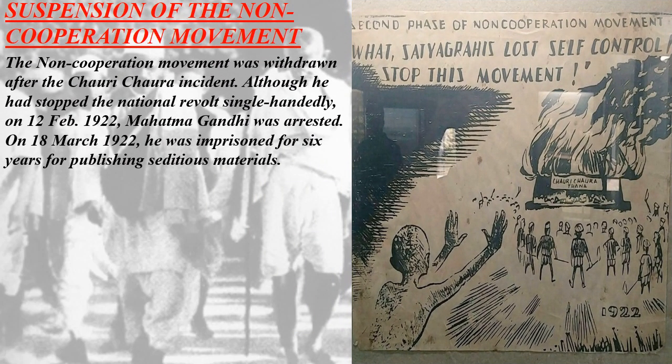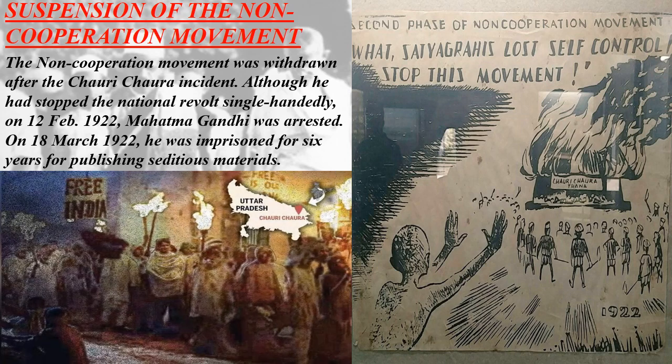A procession of about 3,000 people marched to the Chauri Chaura police station after being fired upon. The mob turned violent and set the police station on fire, killing 22 policemen. This incident shocked Gandhiji as he wanted to gain freedom by following the methods of non-violence. He withdrew the movement on 12 February 1922.